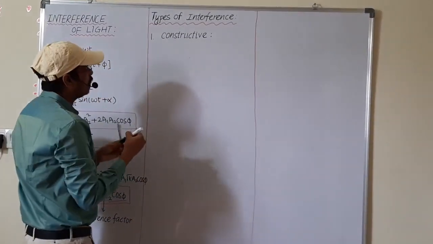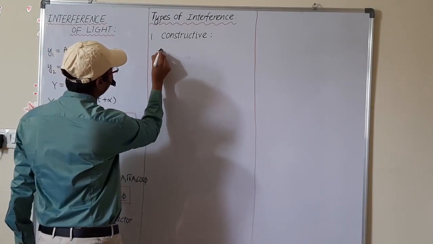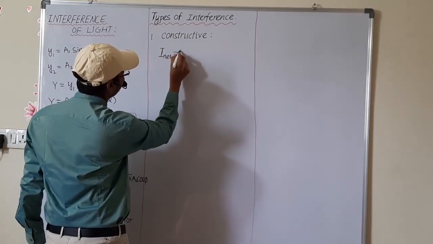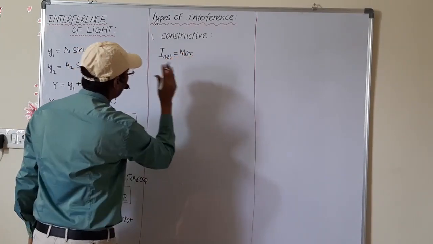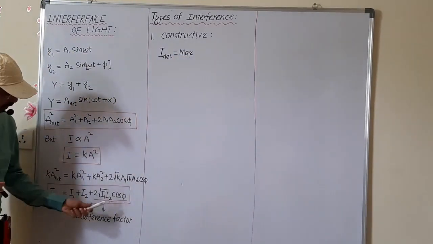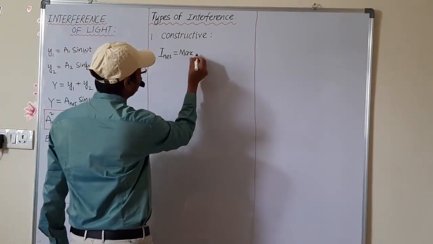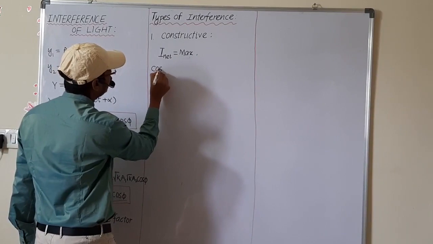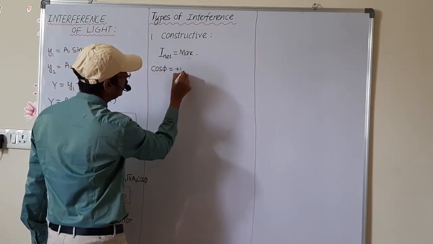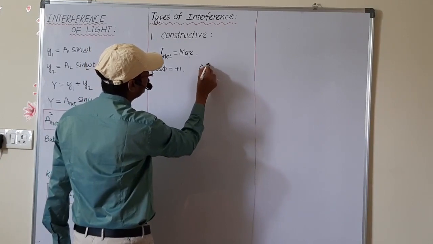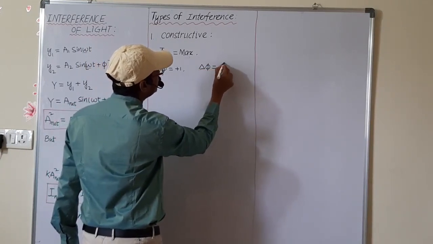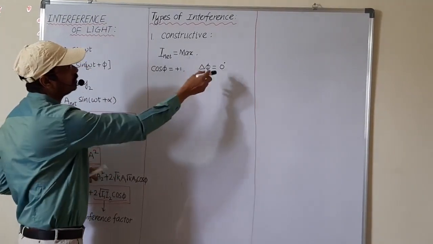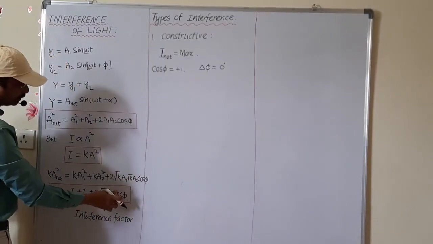That's why here I net should be maximum. If I net should be maximum, what cos phi value do we have to take? I net is maximum, then cos phi equals +1, or the phase difference delta phi equals 0 degrees. Whenever cos phi is +1 or delta phi equals 0, cos 0 is 1.